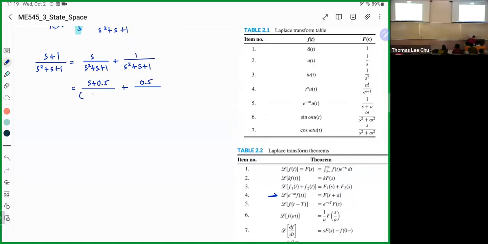And we can actually rewrite this bottom equation as s plus 0.5 squared plus 0.75, so the top and bottom equations are the same. Is this okay so far? Okay. You've seen why I'm pointing at property number 4 in table 2.2 now?